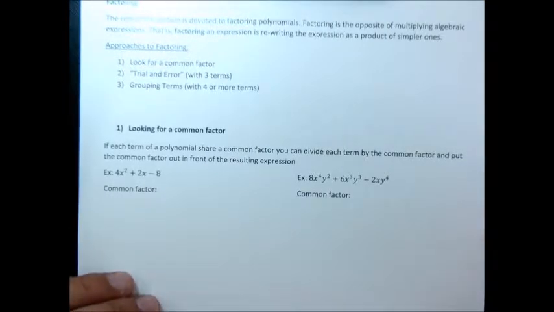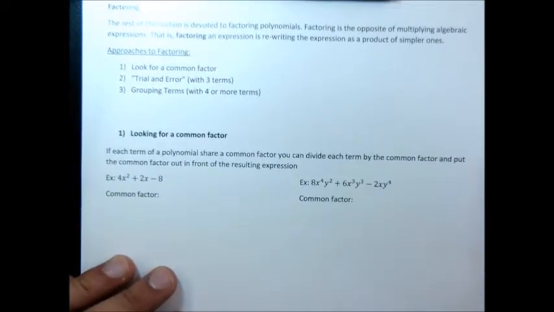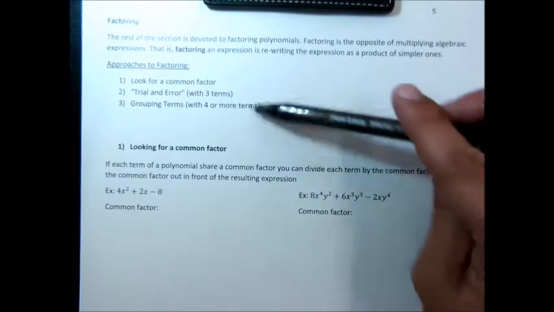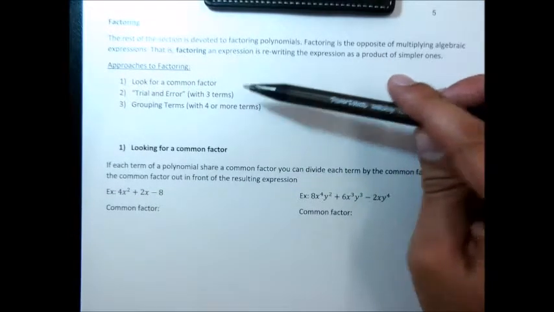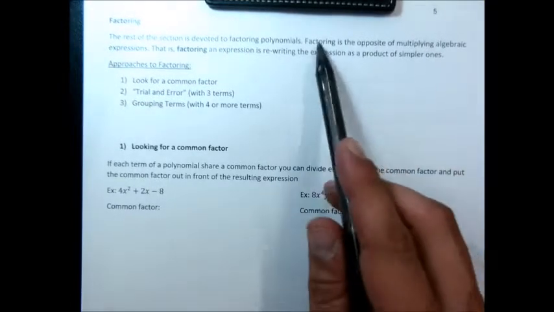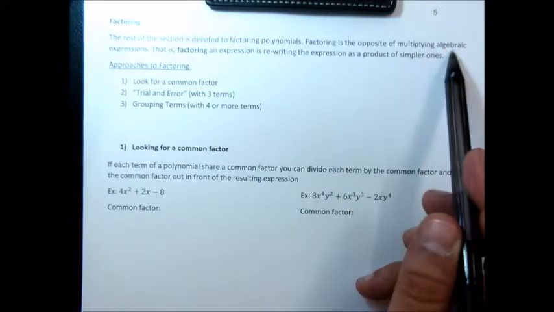Okay. This is going to be a very quick review of factoring. And so what we're going to talk about on this page and the next page are 3 different ways of factoring. And specifically factoring polynomials. We're usually factoring polynomials. And so factoring is the opposite of multiplying algebraic expressions, right?